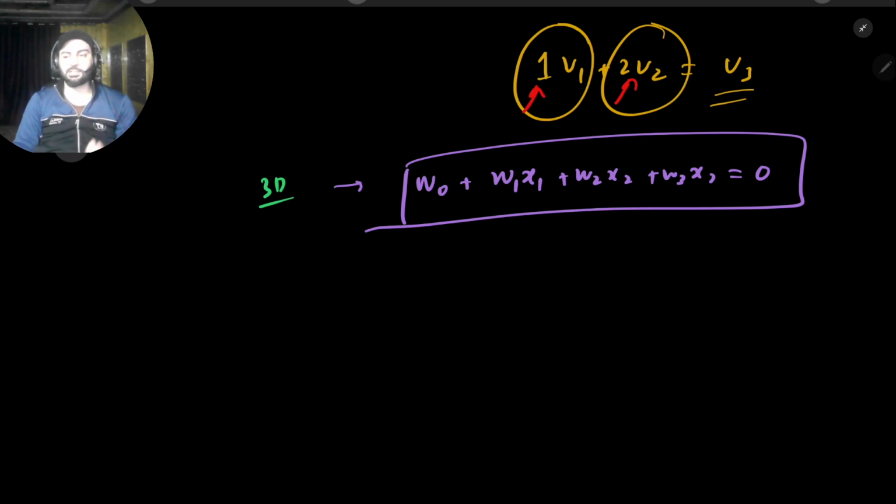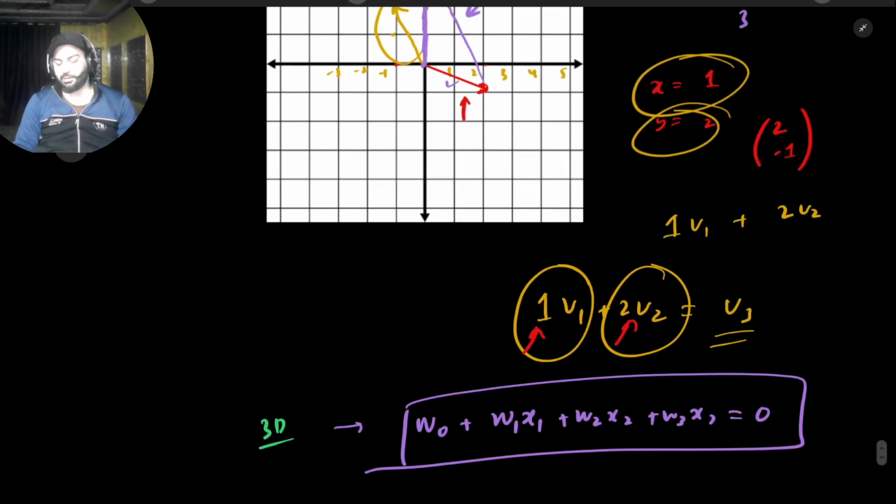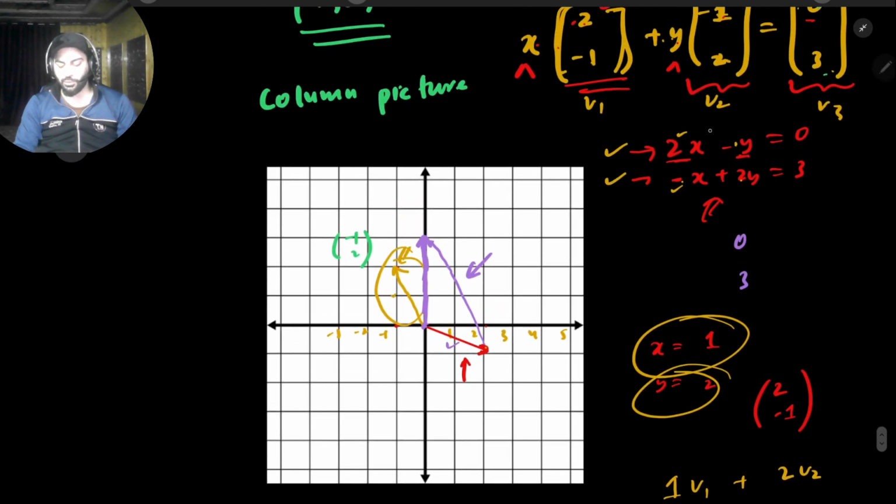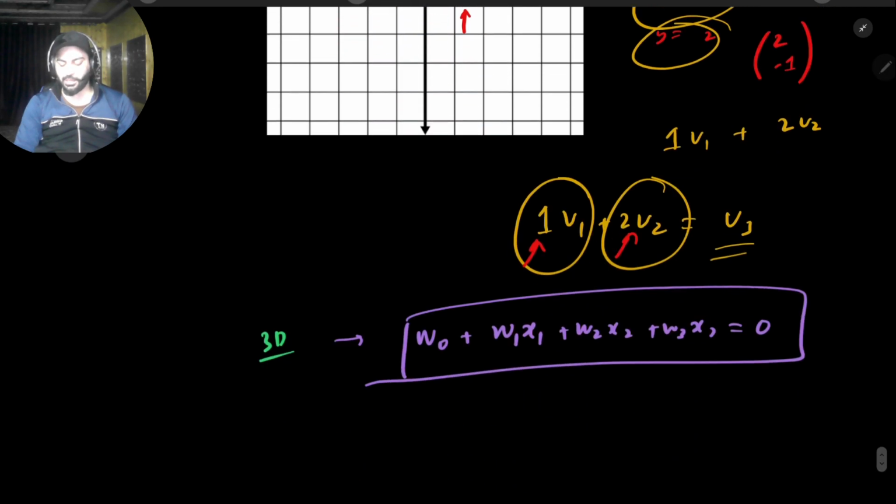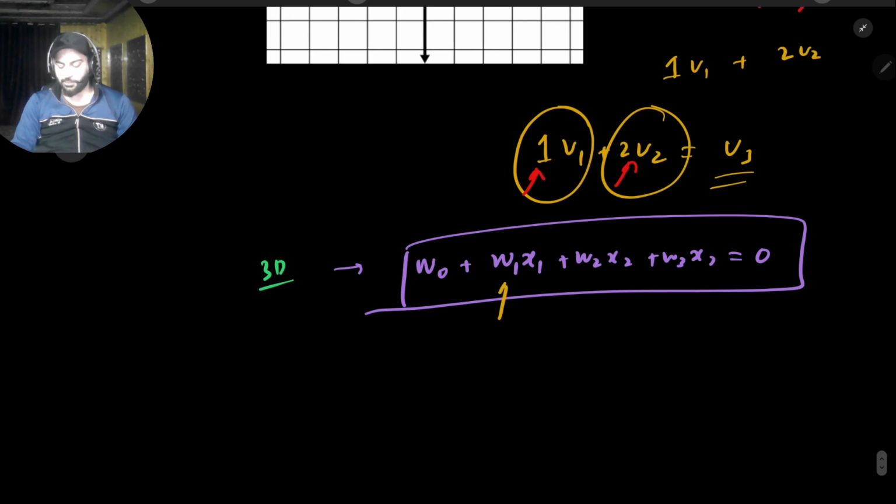In the previous case this was a linear equation in which we had two unknowns and two equations. We had equation 1 and equation 2. The unknowns were x and y. So here we have these unknowns: w1 is an unknown, w2 is an unknown, and w3 is an unknown. So we must have three equations and three unknowns in order to solve this.